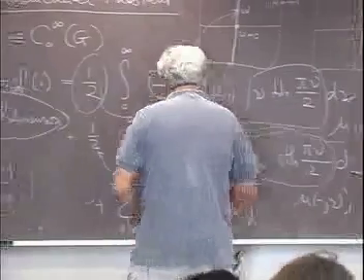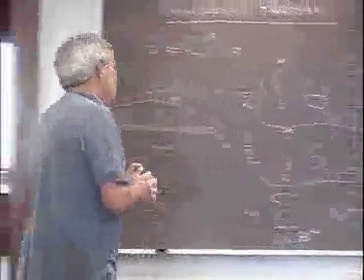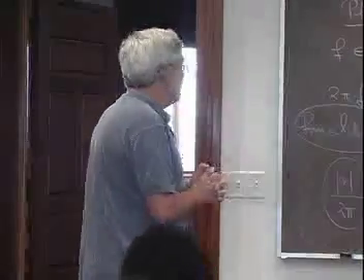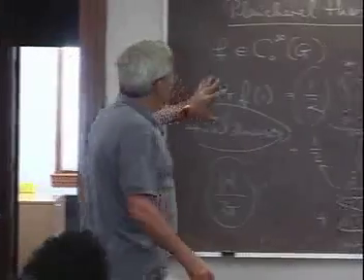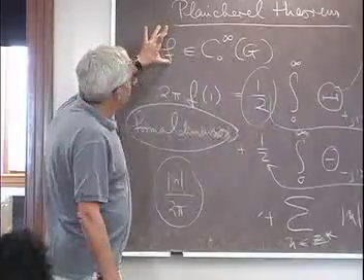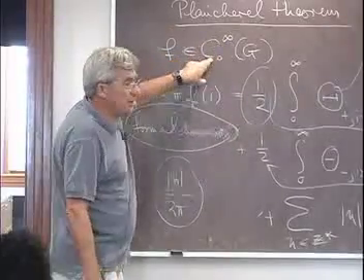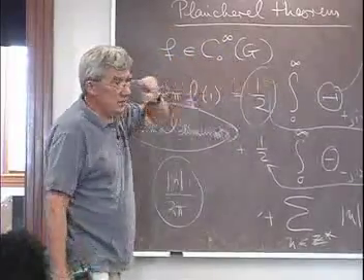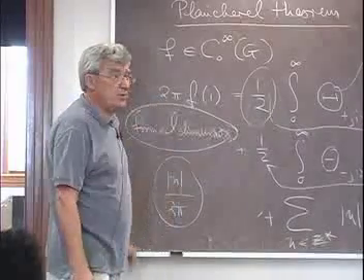So all of these characters extend to tempered distributions, and basically the Plancherel formula holds not only for functions which are smooth with compact support, but for functions from Schwarz space.